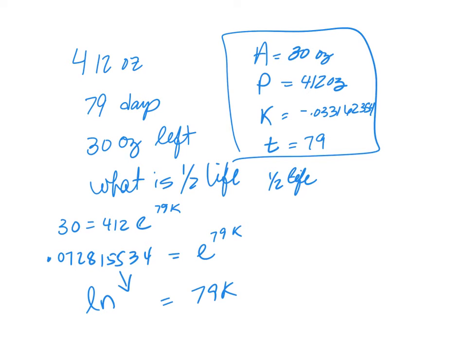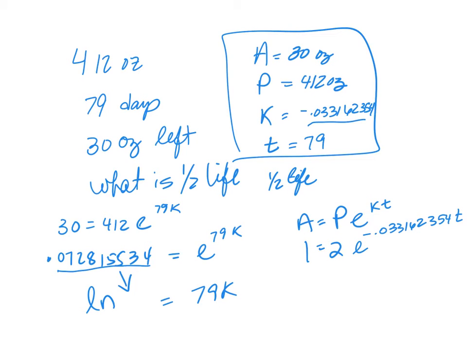So you use the first information to find the k. So the ln of that ugly number here, which is 30 divided by 412, equals 79k. We find the ln of that divided by 79, and we get that k is this number way up here. And now we have k. So how do we find the half-life of something? Give me some ideas.